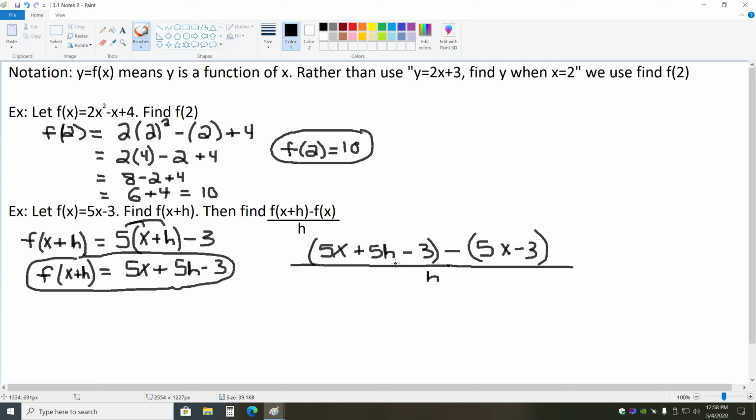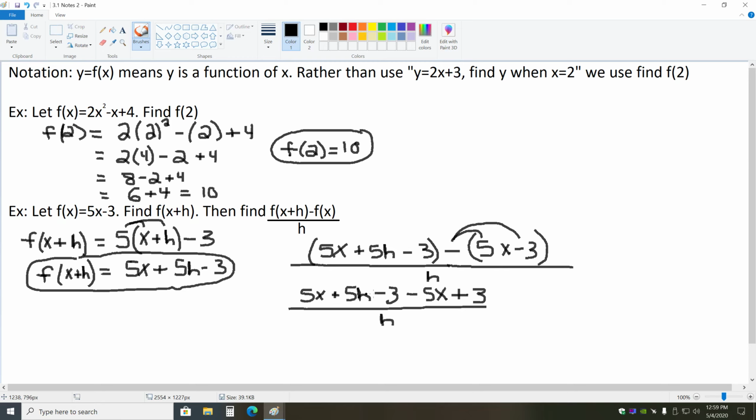So we have to start simplifying. We're going to get rid of these parentheses by distributing that negative. There's nothing in front of the first parentheses, so they'll just go away, giving us 5x plus 5h minus 3 minus 5x plus 3 all over h.